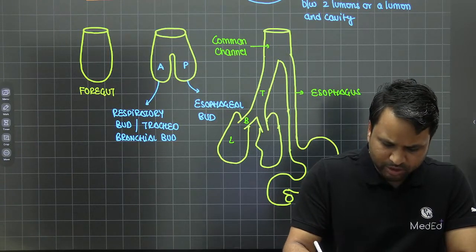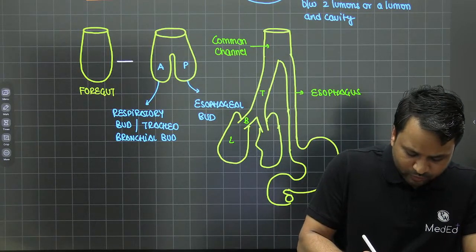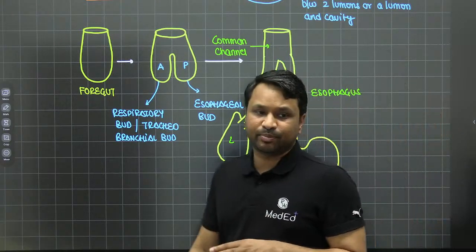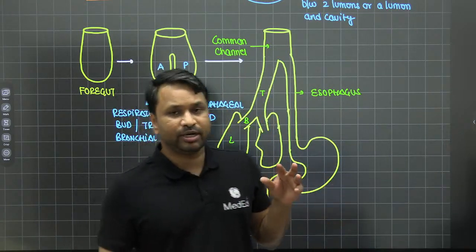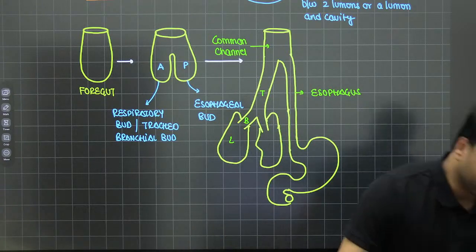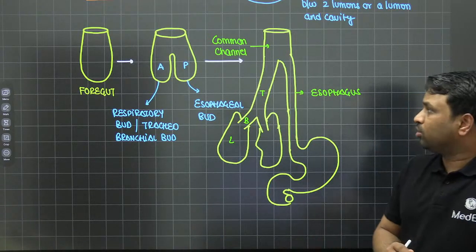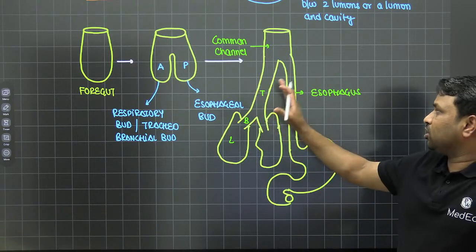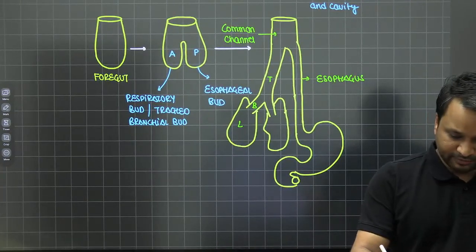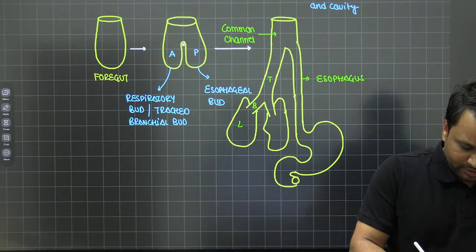So this is what we've been knowing, that the primitive foregut is going to develop into two components by a dividing septum: one is the tracheal component, another one is the esophageal component. Now the whole game is, if this septum which is formed is incomplete.